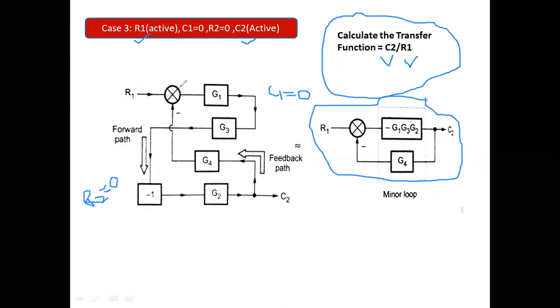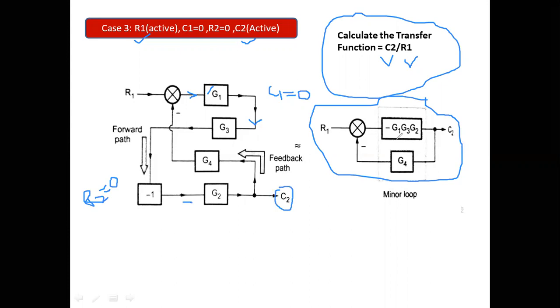Now let's move ahead. So over here you just see G1 come into the picture. After R1, G1 comes into the picture, and when G1 is getting multiplied by G3, so it becomes G1 G3, and then it is getting multiplied by -1, and further moving ahead it is getting multiplied by G2, and then output is coming. It means in the forward path, how many blocks are coming? G1 is coming, G3 is coming, and afterward it is getting multiplied by -1, and then it is getting multiplied by G2, and then further we got an output, that is C2.